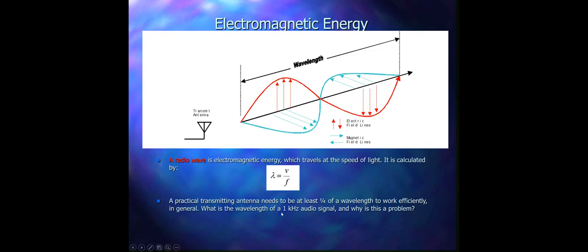What is the wavelength of a 1 kHz audio signal, and why is this a problem? Here the frequency is given as 1 kHz, and we have to calculate the wavelength. So we put the value of the frequency, 1 kHz, and the value of the speed of light, which is 3 × 10⁸ meters per second. When you do the math, you will get 300 kilometers, and that will be the wavelength.